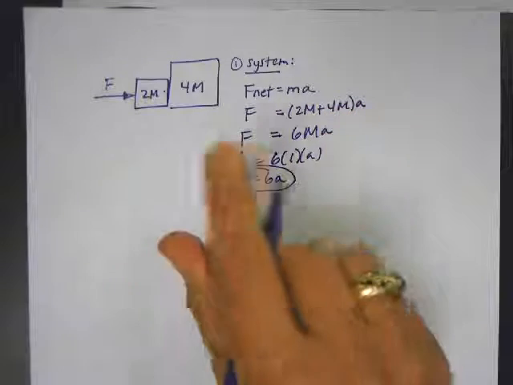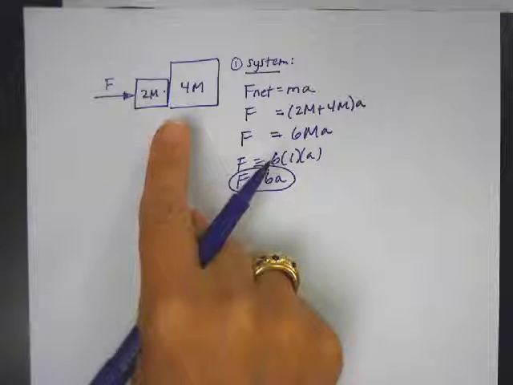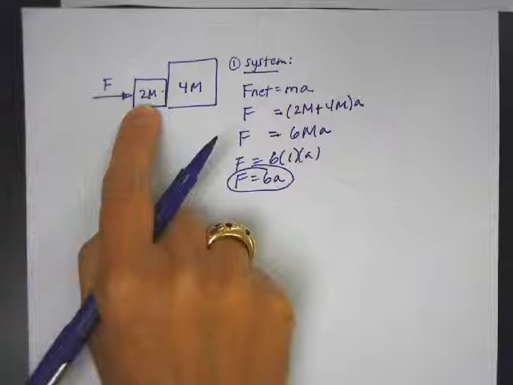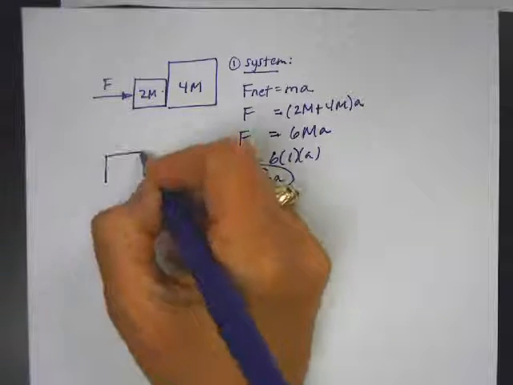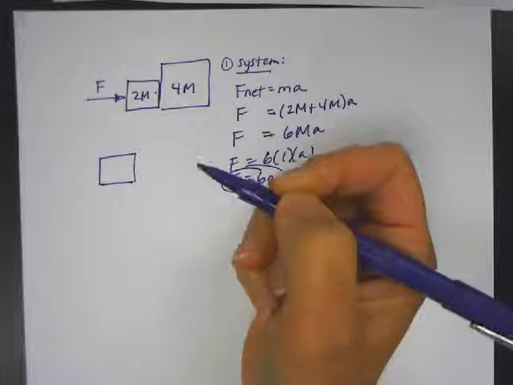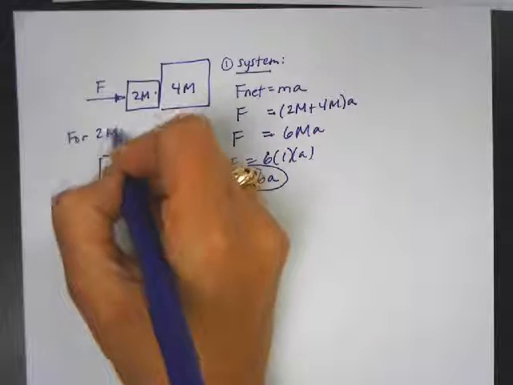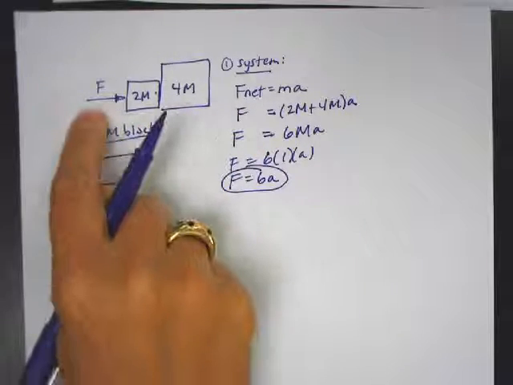Now, you can do either block. How do I know which block I want to use? Because it says determine F. Well, F is next to this block, and they tell you that the contact force is 5.2 newtons. So I'm going to draw my free body diagram for the 2m block, because the force is there.